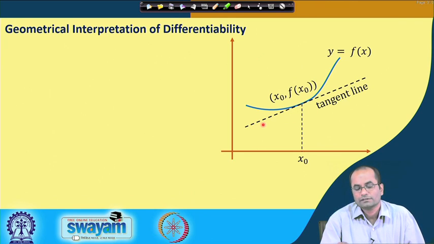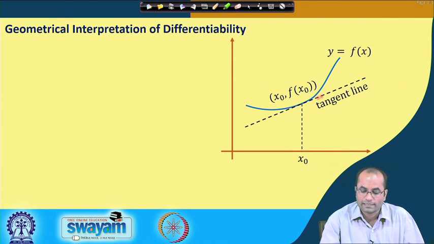That means, if the function is differentiable, we can draw a tangent line, or in other words, we can approximate this function in the neighborhood of this x 0 point by this tangent line. As we see in the graph as well, in the close neighborhood of this point x naught, we can have a very good approximation by this tangent line.